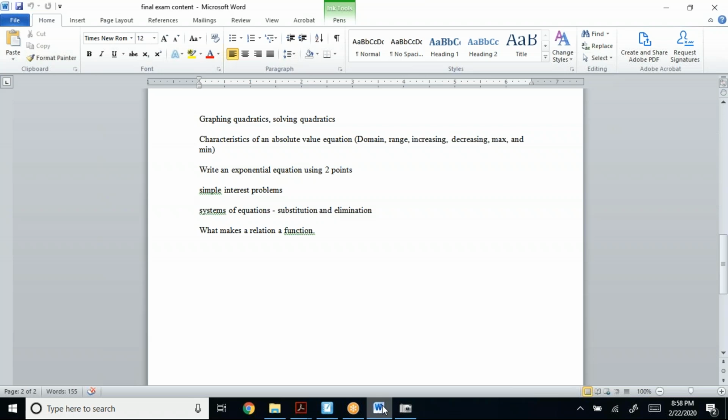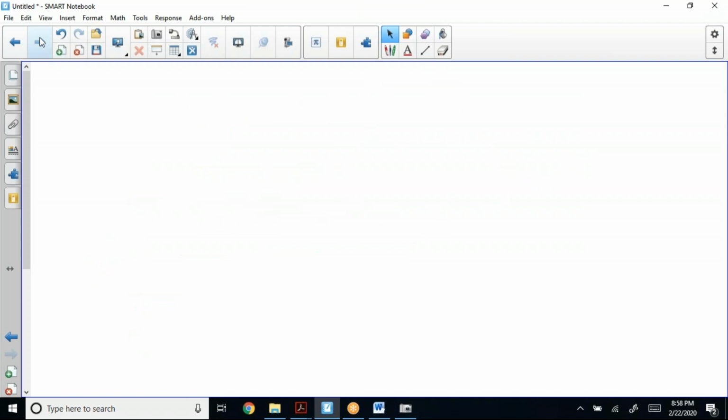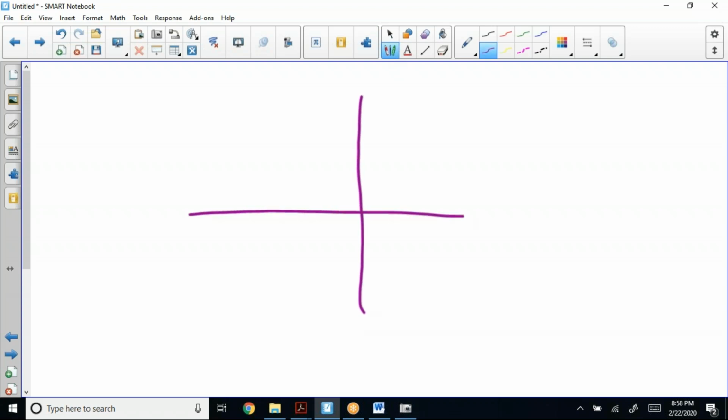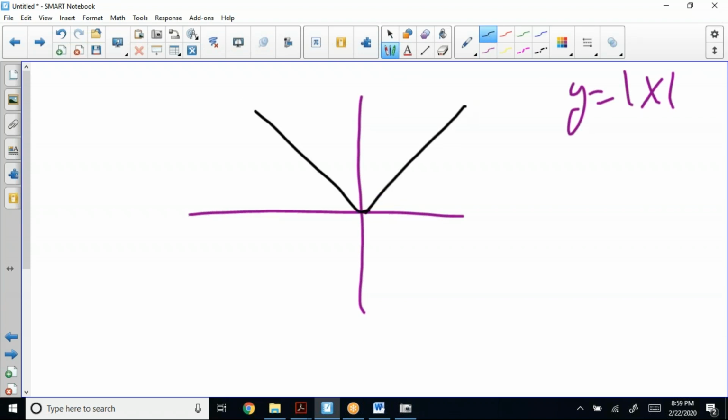So let's look at it. If we're just looking at y equals absolute value, we know that it does this, right? So our domain would be -infinity to +infinity, right?